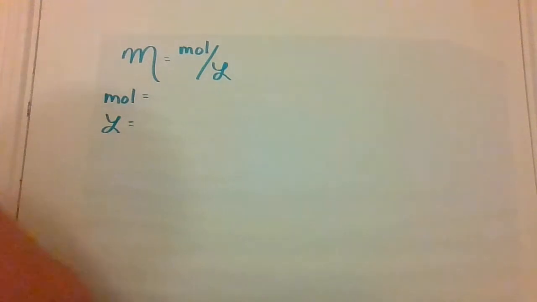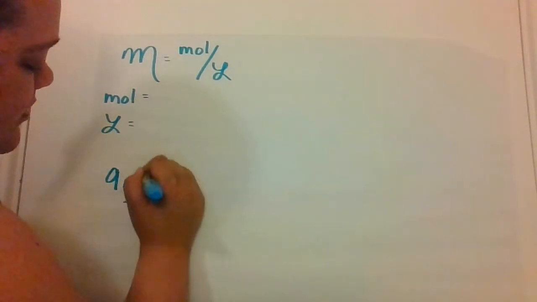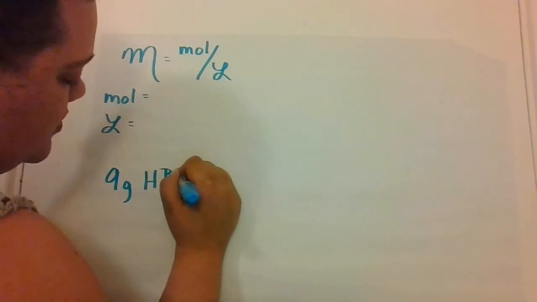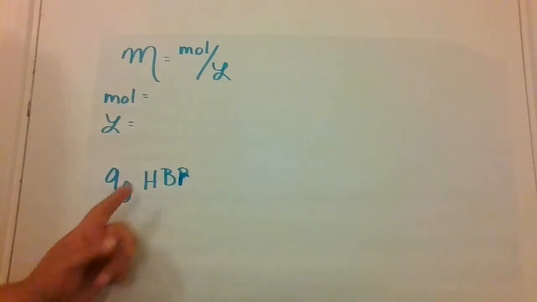Let's take a look at our problem. It has given us 9 grams of, excuse me, that should be a little r, the lowercase r. So HBr.